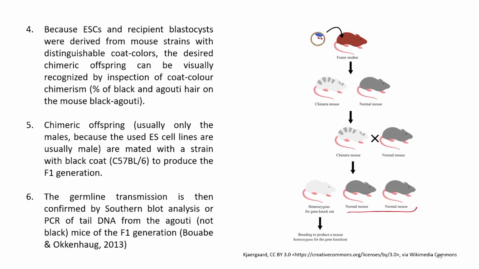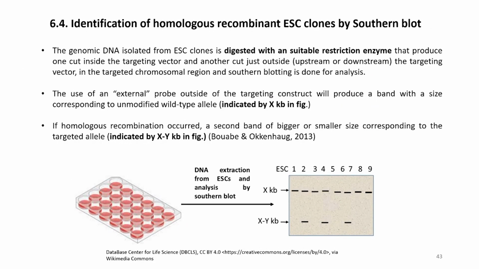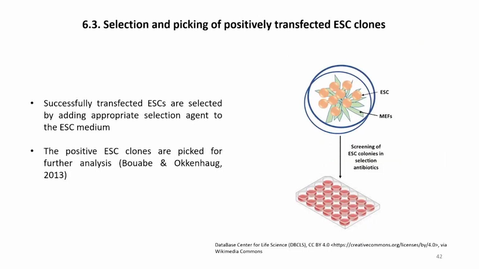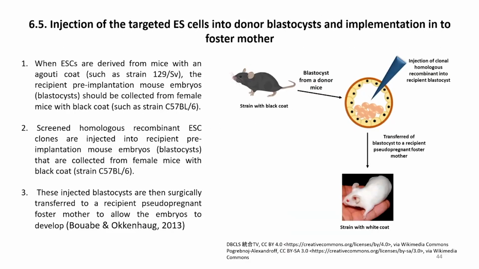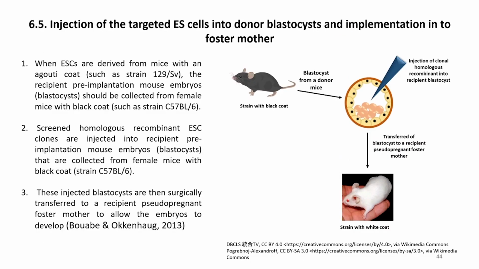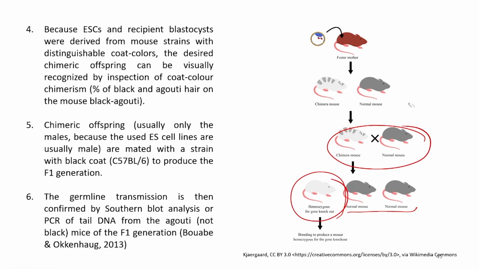So, by this process, starting from isolation of DNA, then using vectors for carrying out the knockout or knock-in, and then finally implementing them into the mice blastocysts, and then transferring them to a foster mother, and then creating a chimeric mouse, and then crossing them with normal mice and obtaining a heterozygous knockout population, and by selfing or breeding within this population, homozygous gene knockout or gene knock-in mice can be generated.